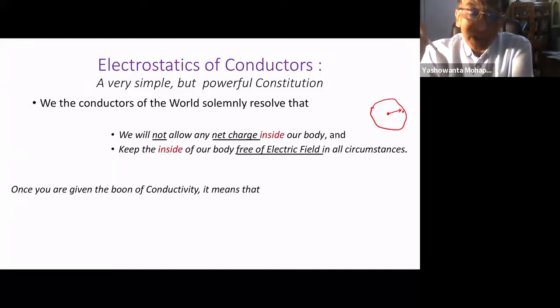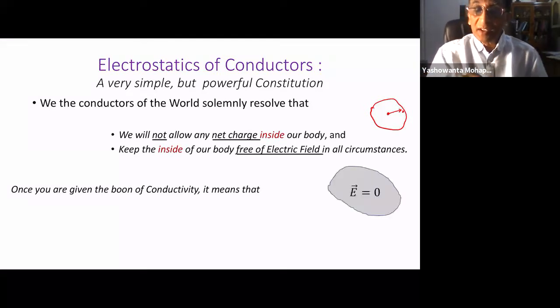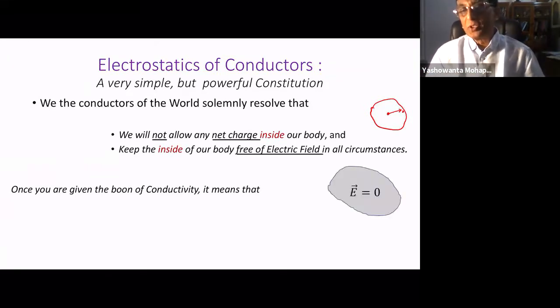So once you are given the boon of conductivity to this material, it means that E is equal to 0 inside. Because if there is E and there are electrons, they'll move, and so they'll take the charge away.